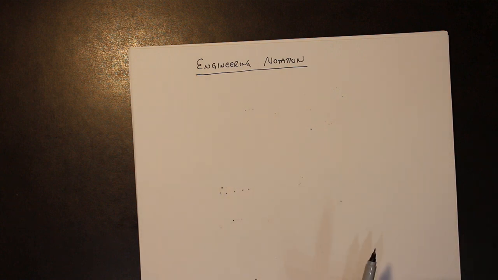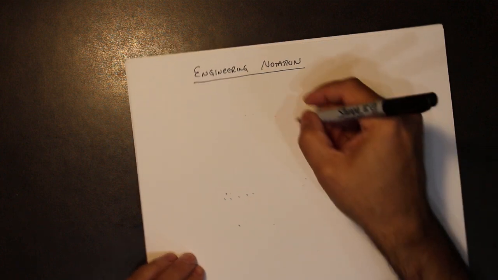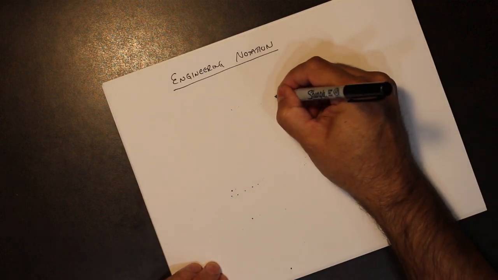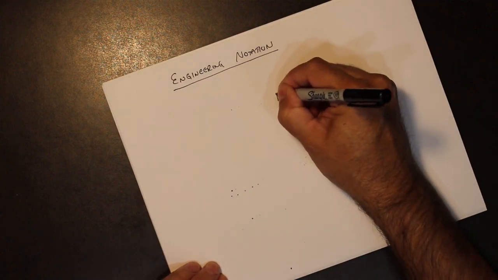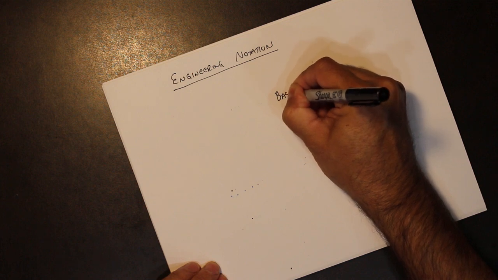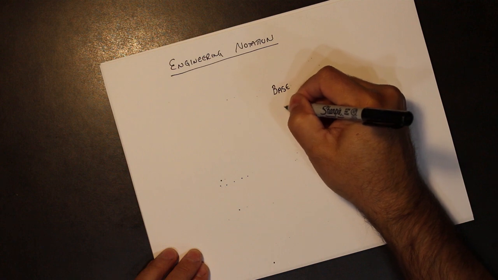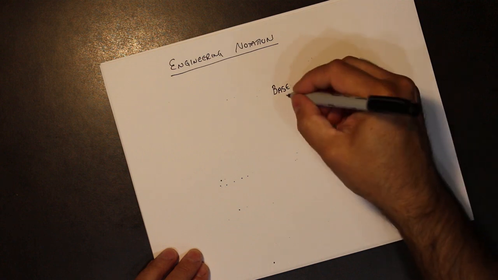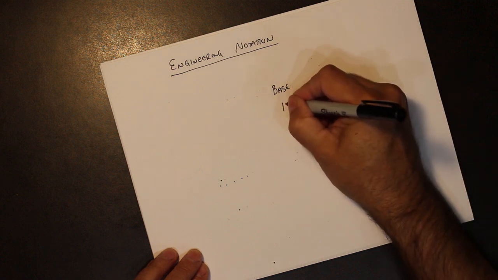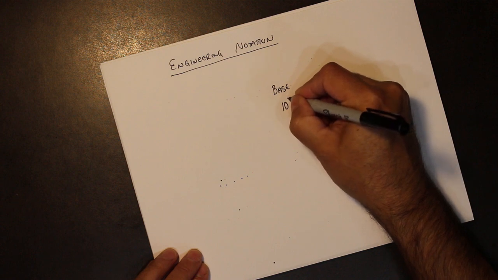Engineering notation uses a very specific set of powers. So we have the base unit. The base unit is actually going to be 10 to the power of 0.